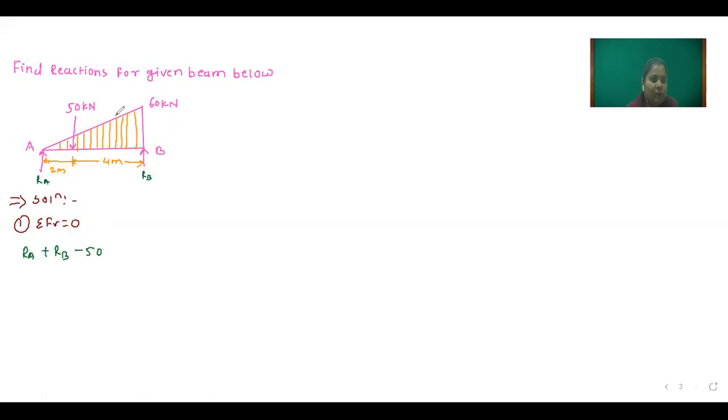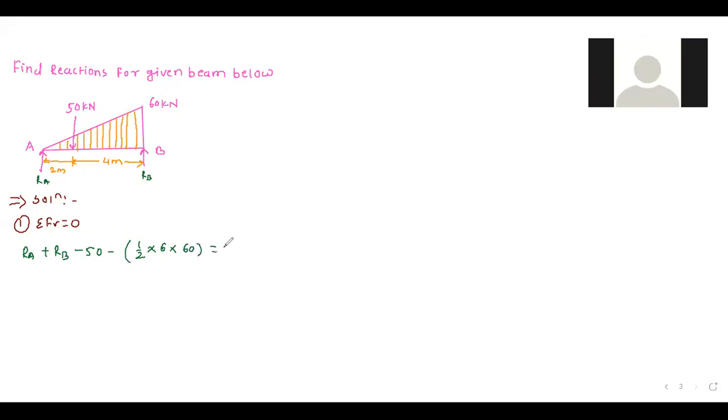Uniformly varying load means the area of this particular figure. This is a triangular portion, and the area of a triangular portion is 1/2 into base into height. So base is 6 meter. So 1/2 into 6 into height, which is 60 kilonewton, equal to 0.